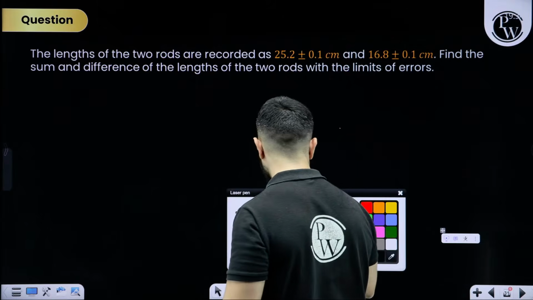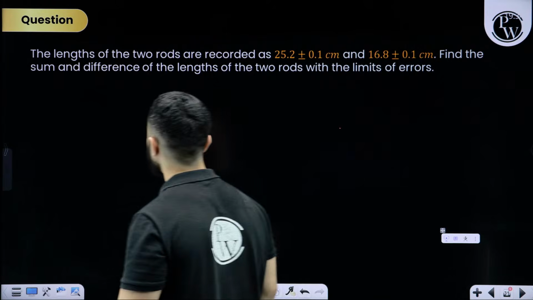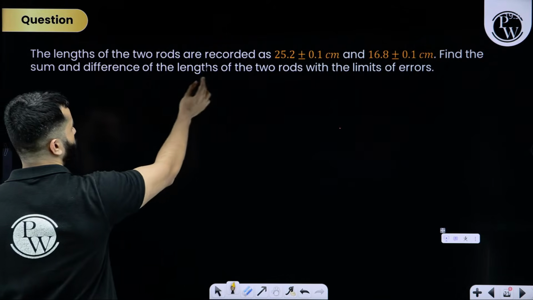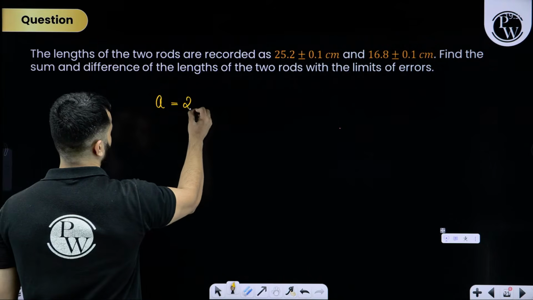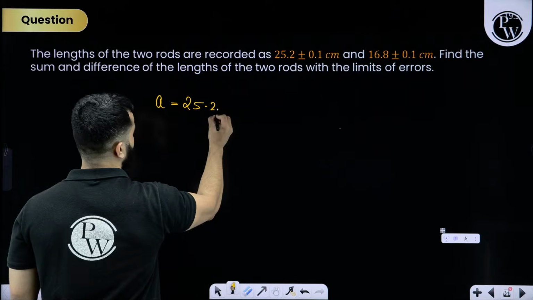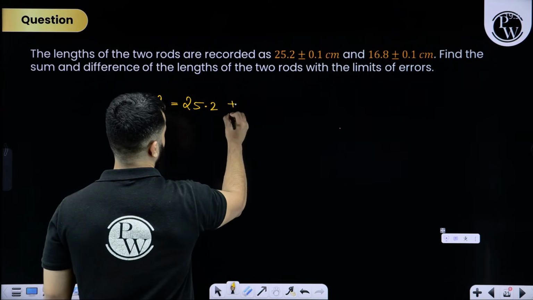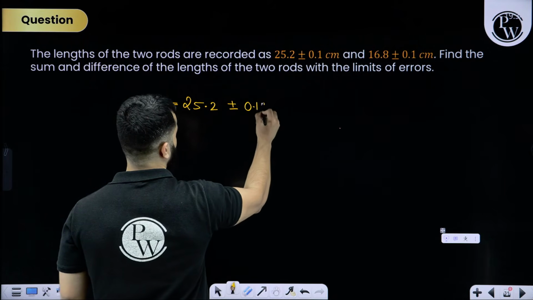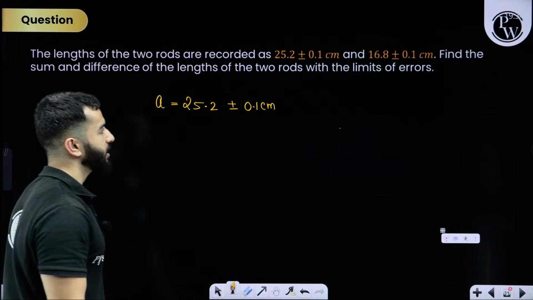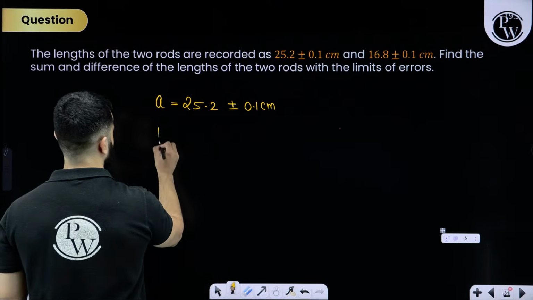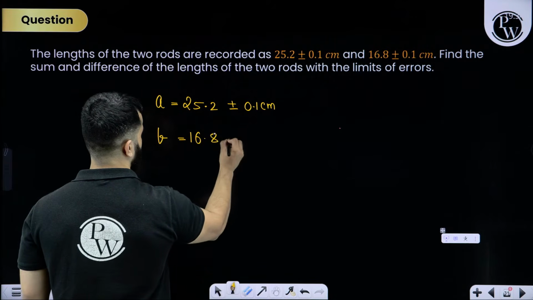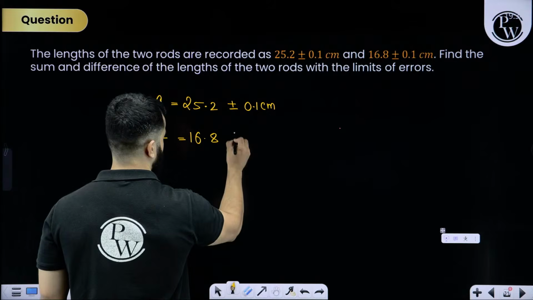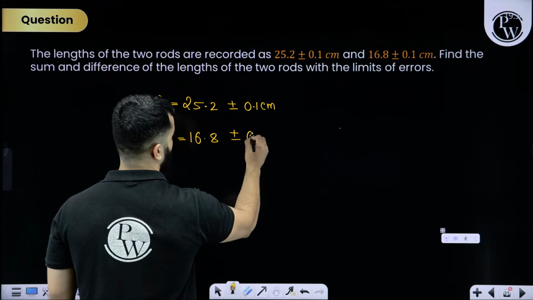Now we can talk about this as an example. They are saying length of two rods are, so A is 25.2 plus minus 0.1 centimeter, right? And B is 16.8 plus minus 0.1 centimeter.